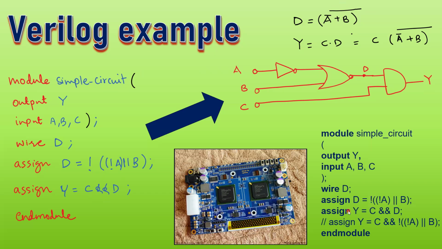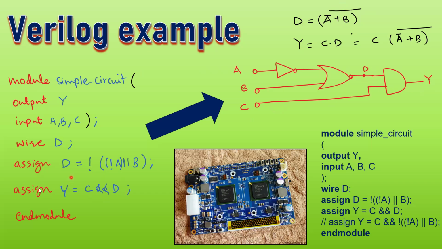Okay, next one, assign Y. So I have done the connection here. Now assign Y. Y is a simple AND operation between the C and D variables. So assign here Y equal to C and D. So that's how I can do it.